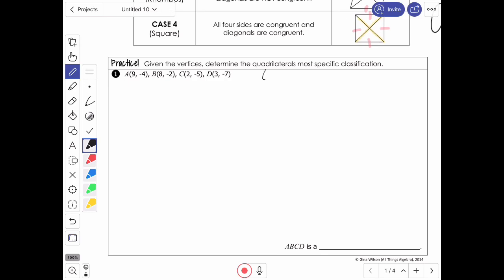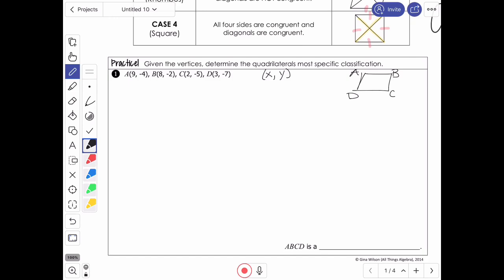So reminder for coordinates, I have an x and a y coordinate. My x is what comes first and my y is what comes second. Since I'm working with this quadrilateral A, B, C, and D, I'm just going to make a rough sketch of what that might look like. I don't know exactly what kind of quadrilateral it is yet.